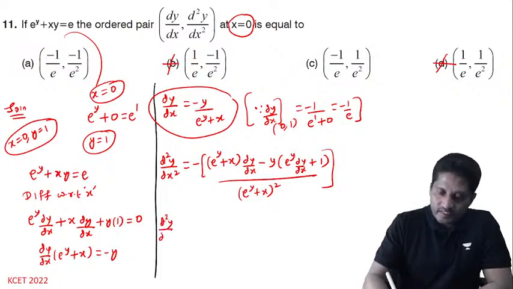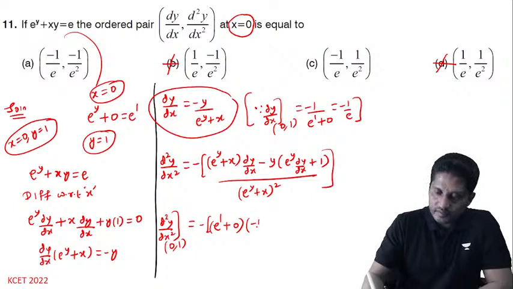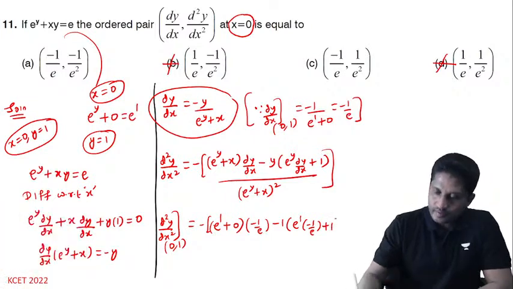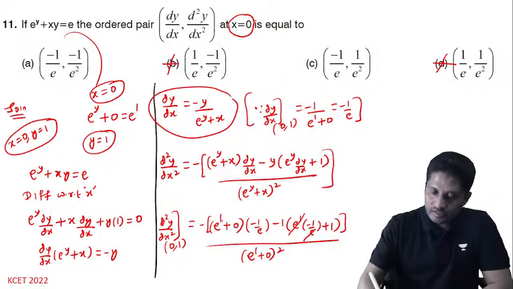Now d square y by dx square at 0, 1 will be equal to minus of e to the power of 1 plus 0. dy by dx is minus 1 by e. Minus 1 into e power 1, this is minus 1 by e plus 1. This is plus 1. And then the whole thing is divided by e power 1 plus 0 the whole square. This will cancel. Now this e cancels e.